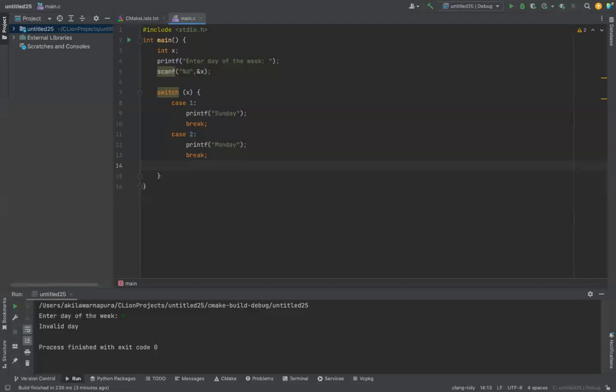Likewise, you can go to case 3, case 4 in such a way.